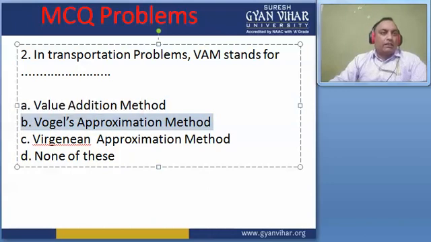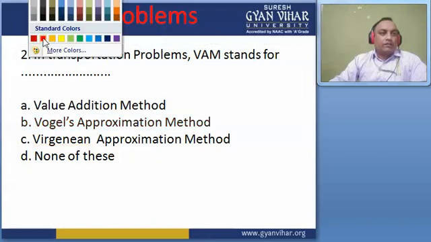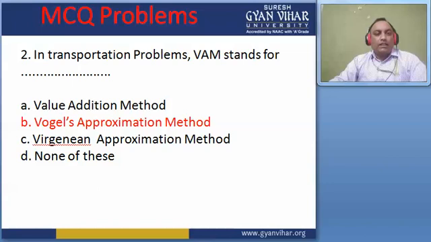The options are value addition method, Vogel approximation method, Weigen approximation method, and none of these. Of all these answers, only one is right. This is the Vogel approximation method, right? And then let's move to the next problem.